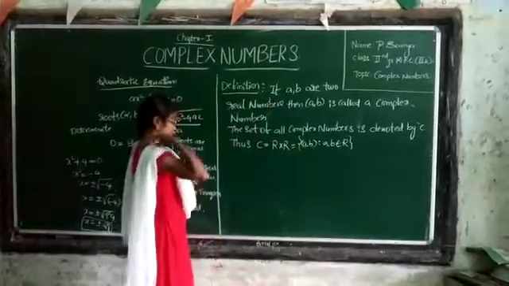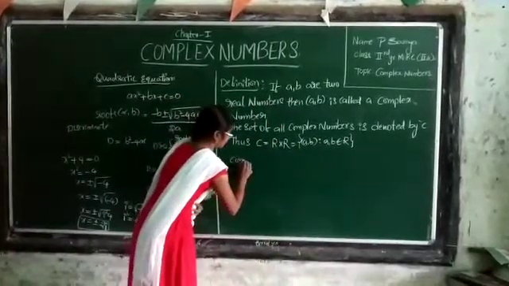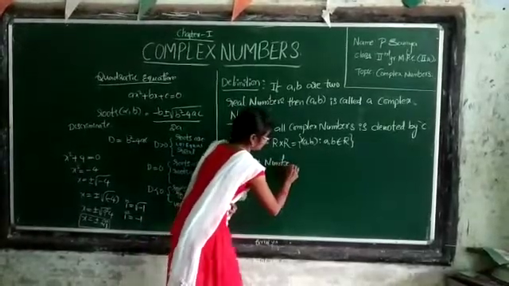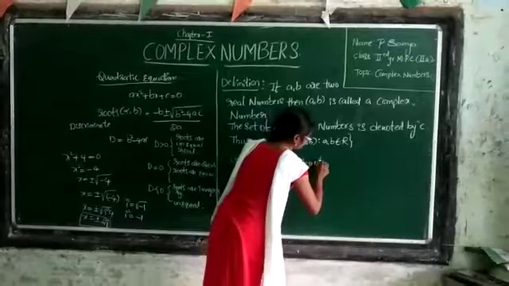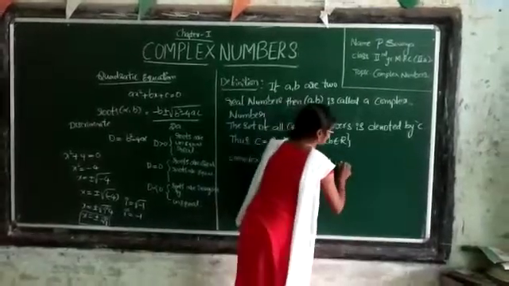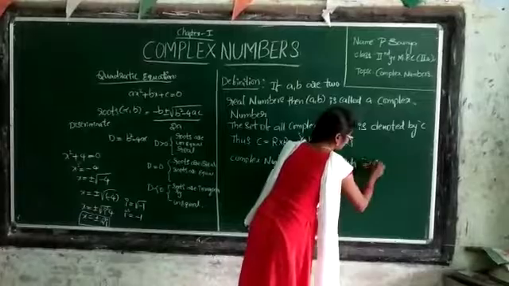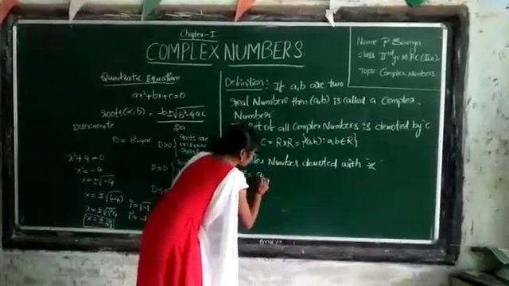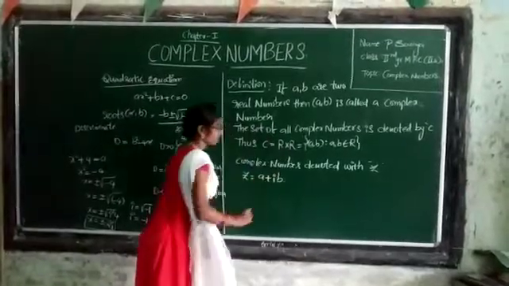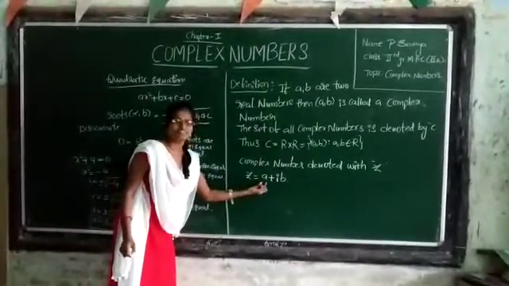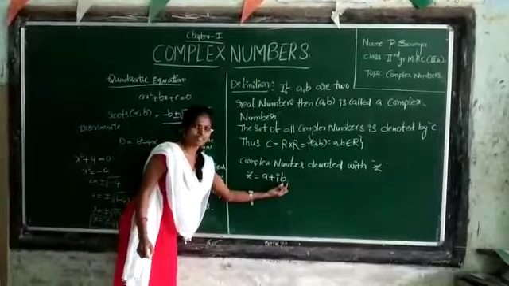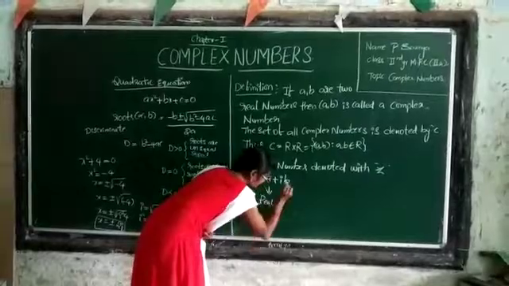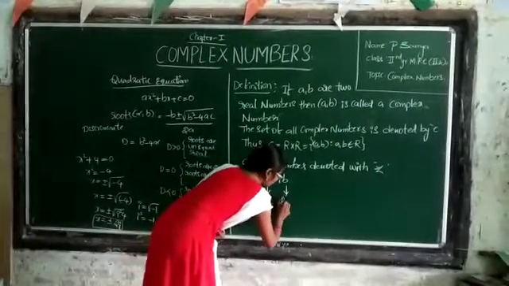Suppose the complex number is denoted with z. Here what is z? z equals a plus ib. Here a is called the real part and b is called the imaginary part.